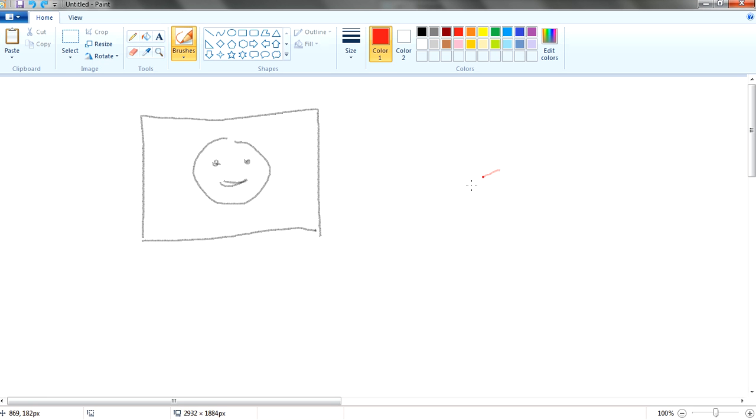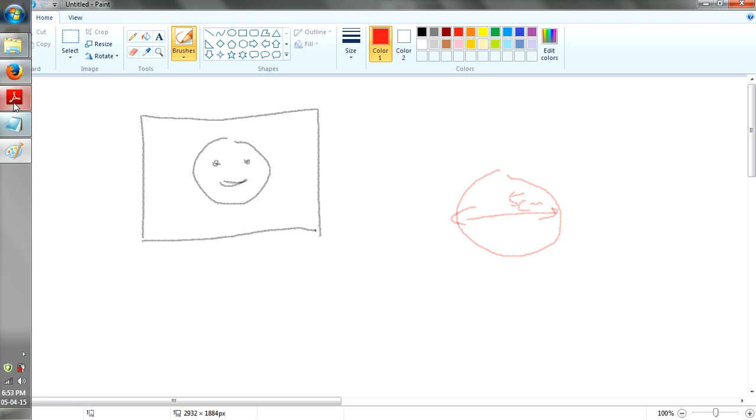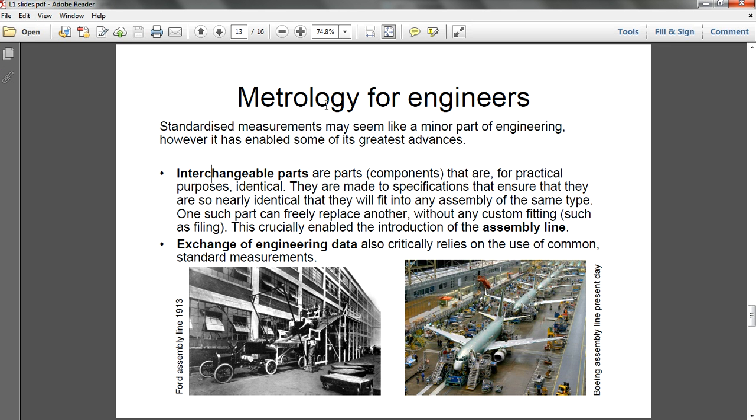Let's say you have a cylinder with a diameter of 5 cm. If you want to replace this part, you also need 5 cm. You need a ruler to measure 5 cm, and then you create a cylinder with a diameter of 5 cm also.